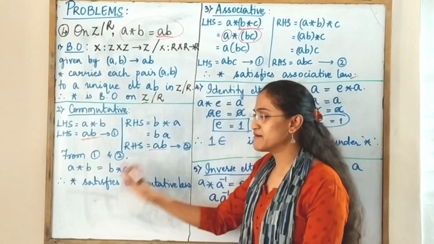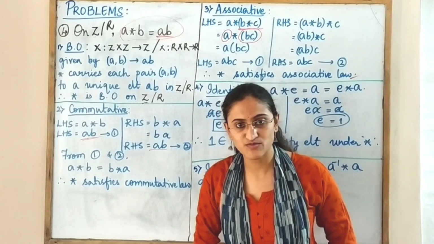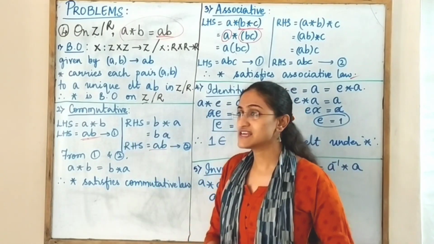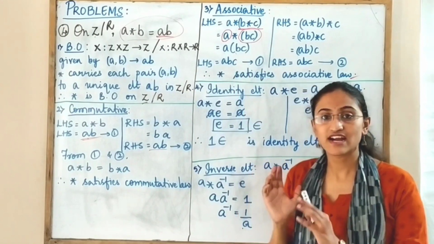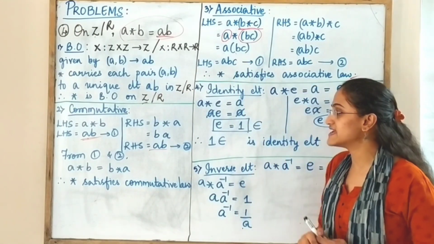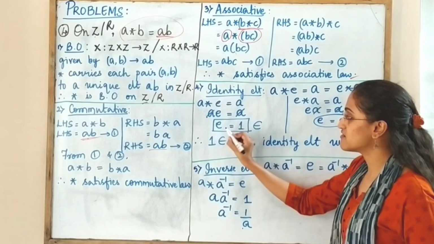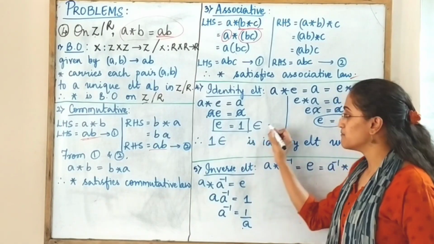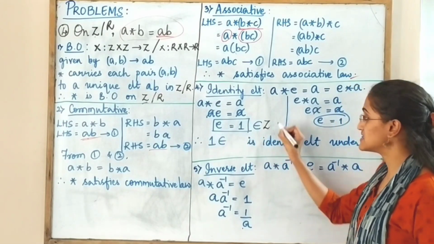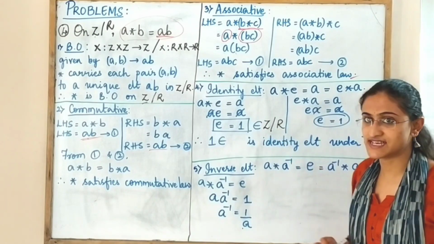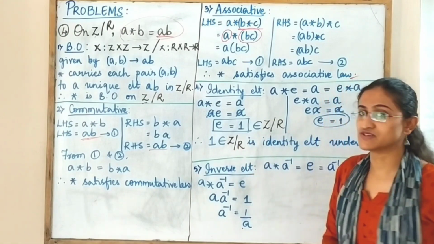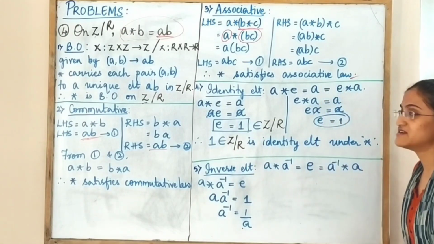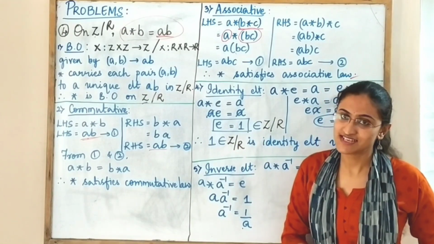And in the same pattern as we did in the previous problem, you can also verify that star satisfies the commutative law and also the associative law. Coming to the existence of the identity element, you can observe that E is equal to 1 belongs to the integer set as well as the real number set, and hence 1 is the identity element under the operation star.